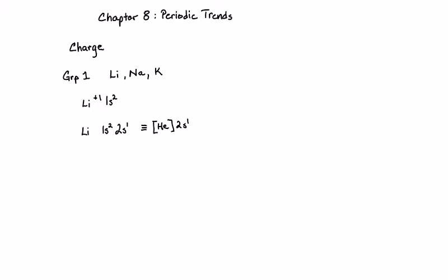We take away one electron and we're left with just 2 electrons in the 1s orbital, which means we're left with just a helium core. In fact, we can say that lithium plus is isoelectronic with helium. And helium, being a noble gas, is not very reactive, so we would expect lithium plus to not undergo any further changes because it now has an electron configuration very much like a noble gas.